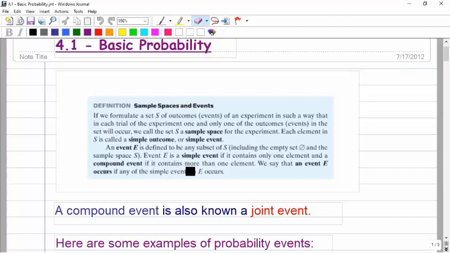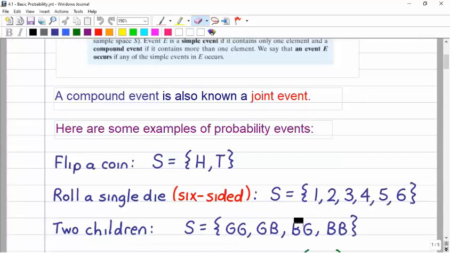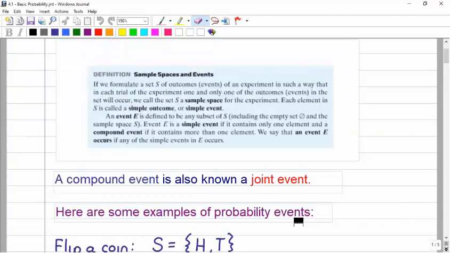This is from another book, but this book also uses the phrase joint event. Compound event and joint event are essentially the same thing. An example of a joint event: if you roll the single 6-sided die and you define the event as rolling an even number, out of the numbers 1 through 6 you have more than one that's an even number: 2, 4, and 6.